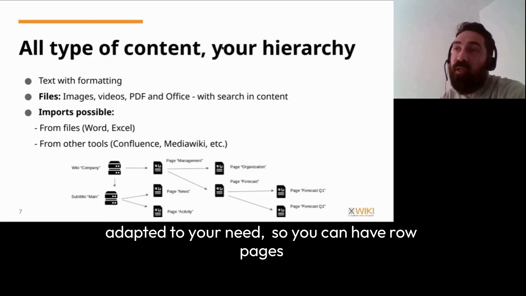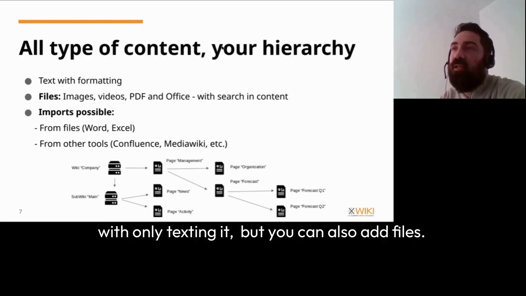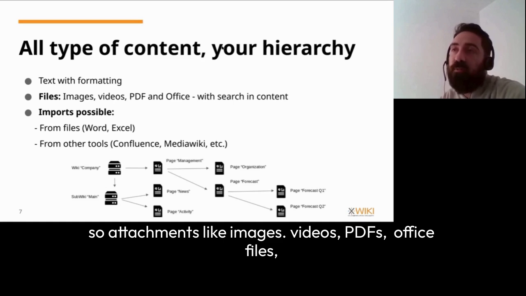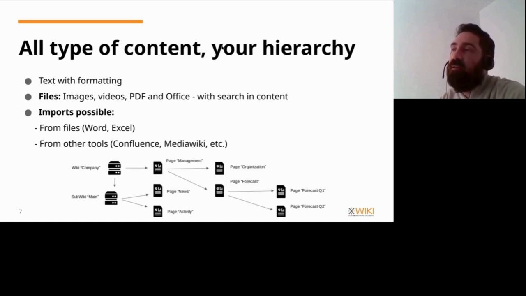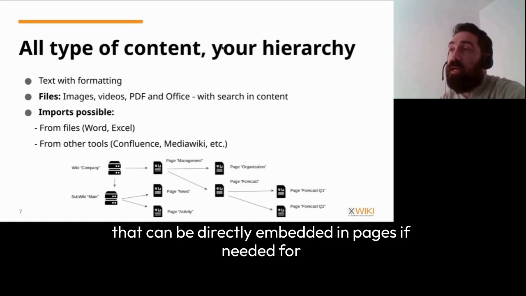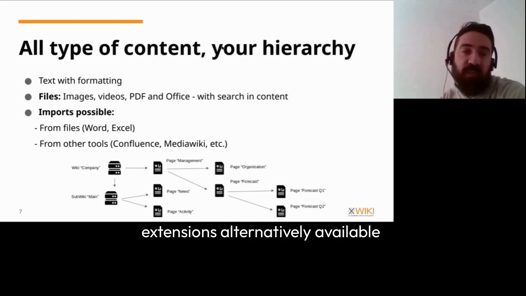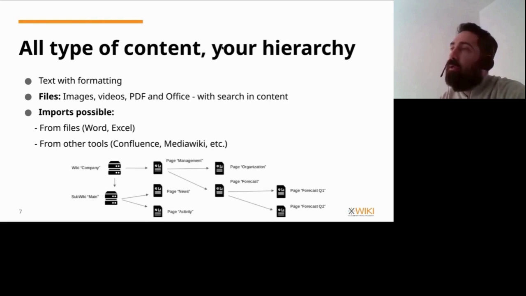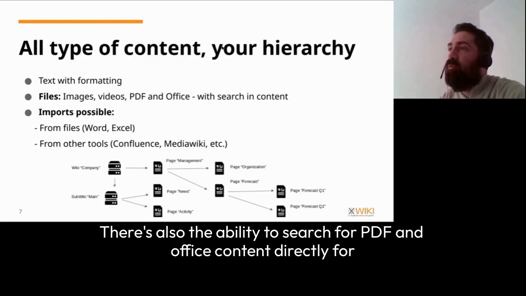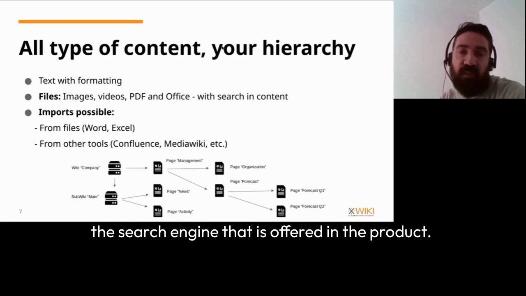So you can have raw pages with nearly only text in them, but you can also add files, so attachments like images, videos, PDFs, and Office files that can be directly embedded in pages if needed through extensions that are natively available. There's also the ability to search through PDF and Office content directly through the search engine that is offered in the product.